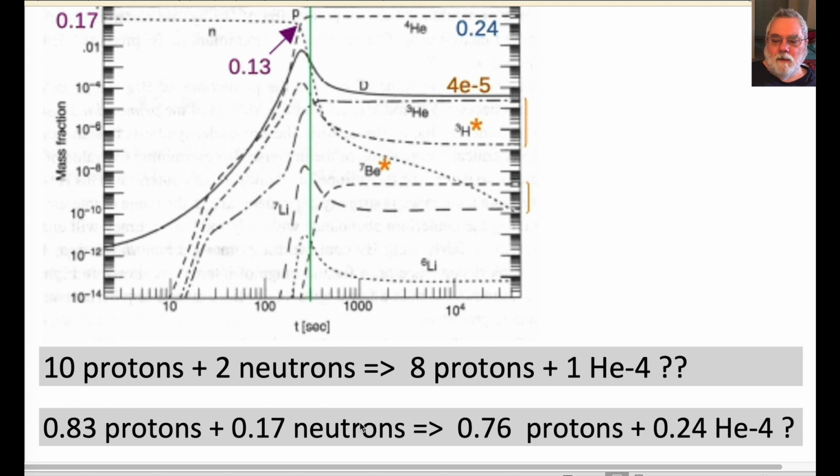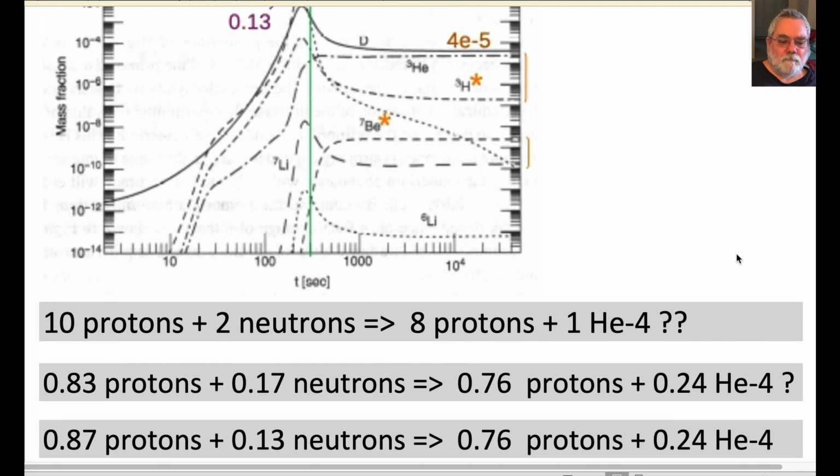So some of the free neutrons turned into protons during this period of Big Bang nucleosynthesis. 23% of the neutrons decay into protons in the first 230 seconds, before much helium or deuterium has been created.